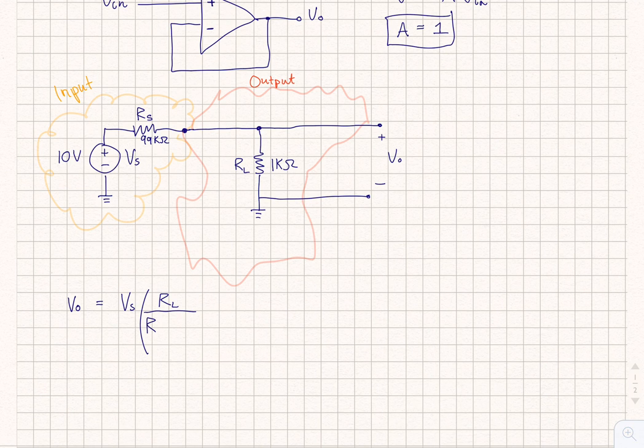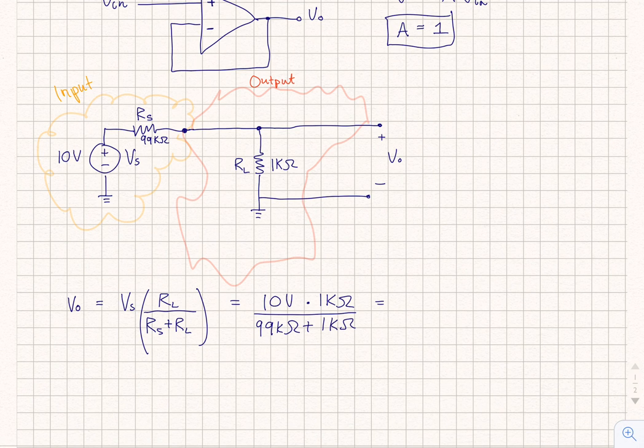So that's going to be RS plus RL. And so if we actually find a number for this, it's going to end up being 10 volts times RL, which we said is 1 kilo ohm, and divided that by the sum of all the impedances. So we're going to have 99 kilo ohms plus 1 kilo ohm.